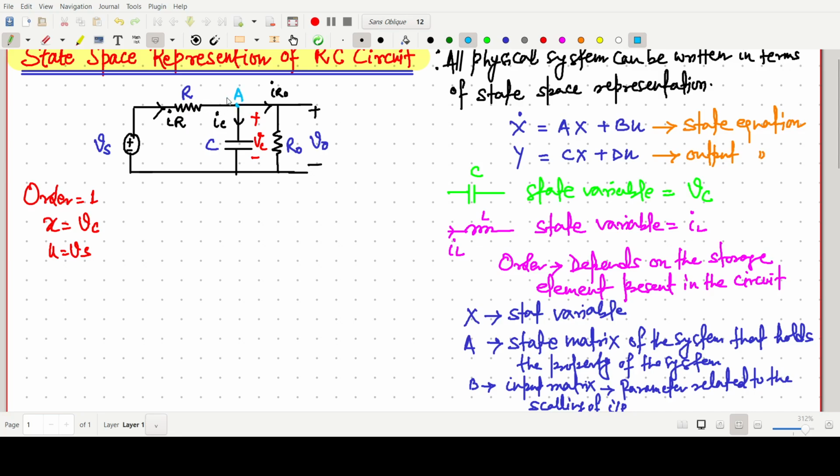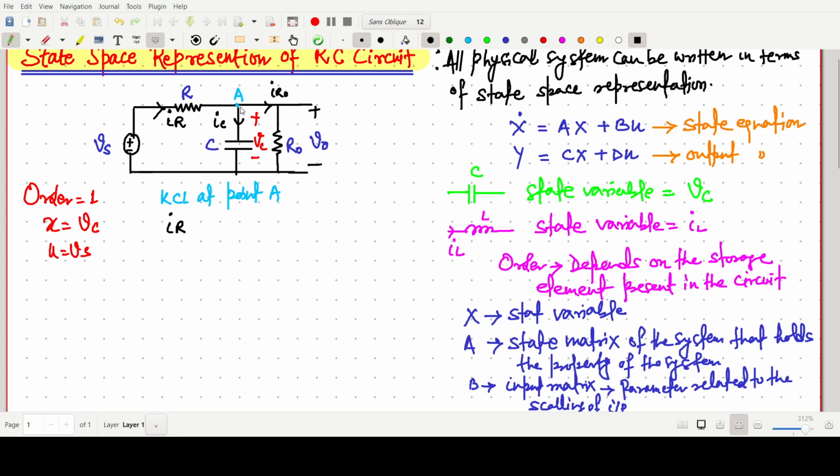This point is say A. So if we apply KCL at point A, if you have to write a state space representation, you have to first write the variable, what should be our state variable. So here the capacitor term is there, so only one state variable Vc, that uniquely defines the system. So now what we can write.